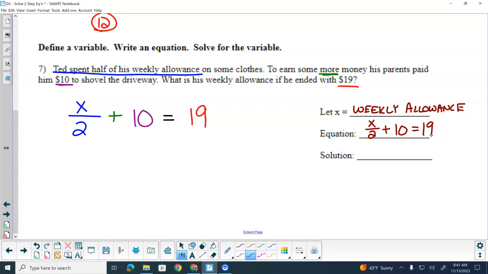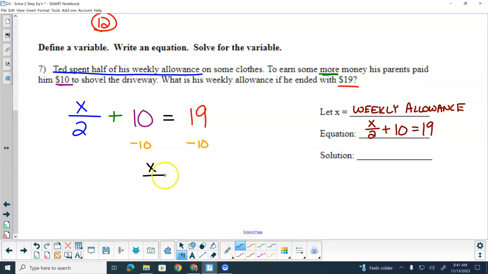Okay? Now, we have our equation. How are we going to go about solving said equation? We're going to subtract 10 from both sides. That's great. We're still not there yet.